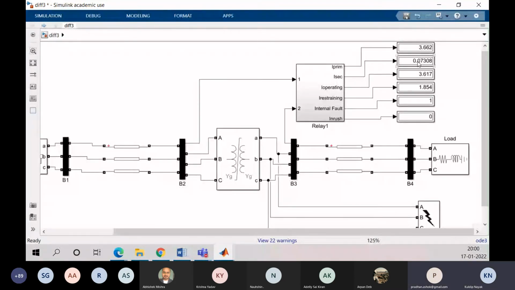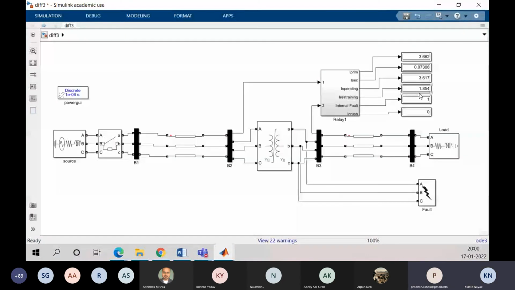So you see the secondary current is negligible because we have created the fault on this side, internal. The right hand side current will be negligible because the load cannot get the voltage, which becomes 0 in that phase. So in this case, the differential current will be significant, and that's why it is showing internal fault situation 1.